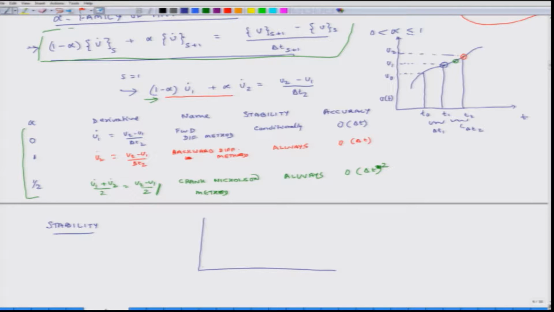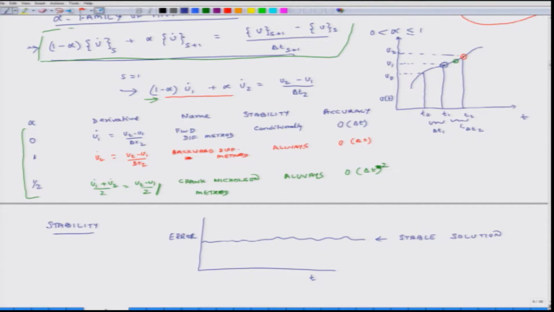So, what that means is that the error fluctuates between some limits as time is increasing. This type of a solution is called a stable solution, where the overall error level does not keep on increasing with time.